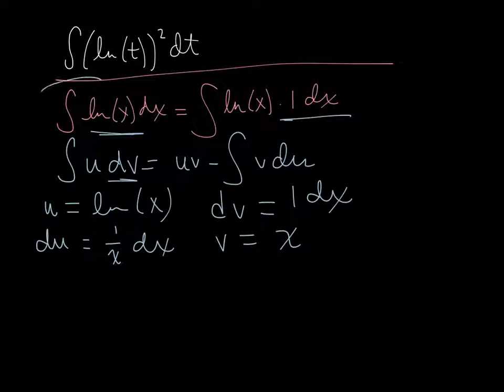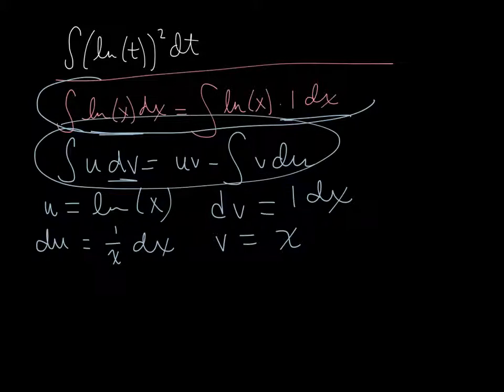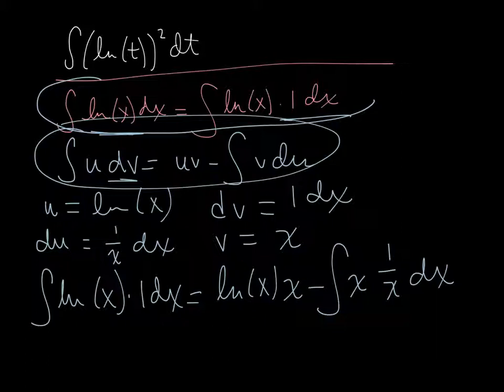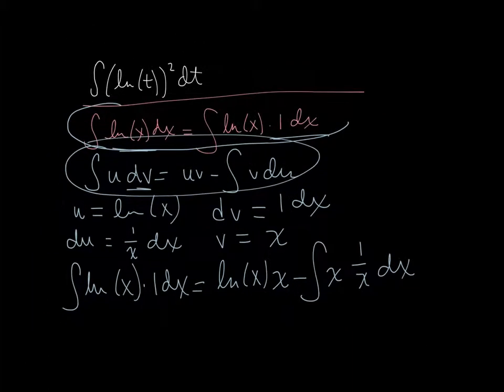Putting it in this format, I'm going to have the integral of ln of x times 1 dx equals my u, ln of x, my v, x, minus the integral of my v, x, my du, which is 1 over x dx. All I've done here is plug all of these values into this formula. Now I can do some rearranging.